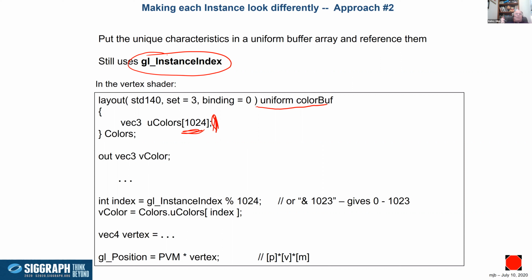It's probably the same list of colors throughout. And then in the GLSL shader, you take that instance index and mod it with 1024, just to make sure you don't ask for something bigger than the array, and then use that index to look up the color, and use that as the color of the thing you're about to draw. So yes, you can pass in tables of characteristics and use the instance index to get the right characteristic at the right time.